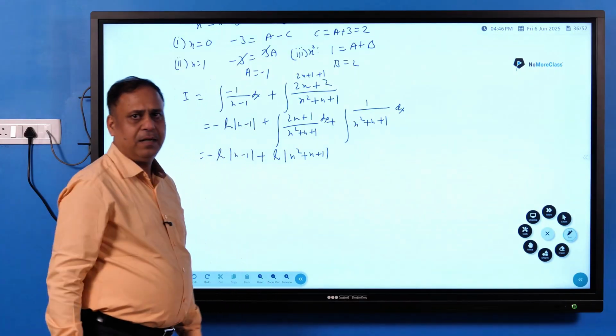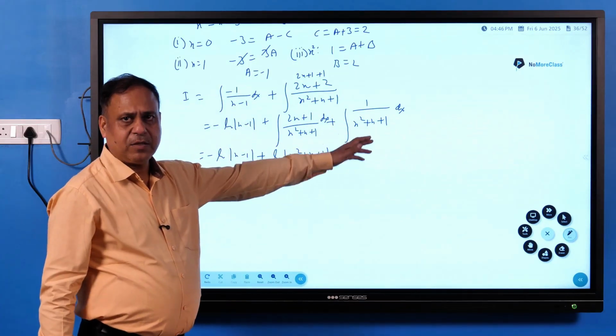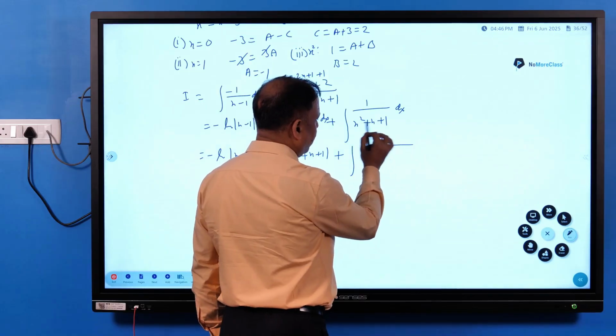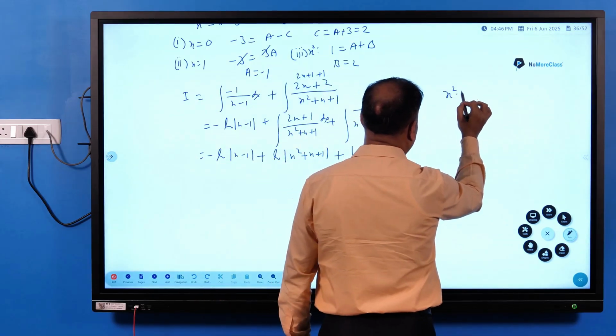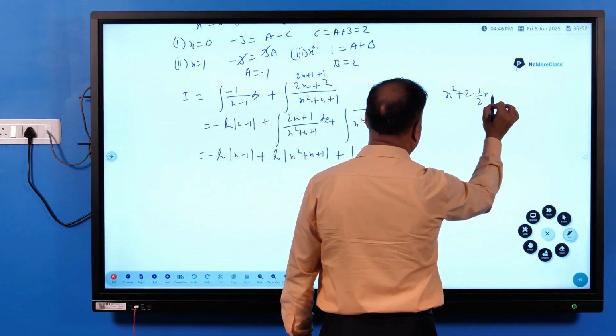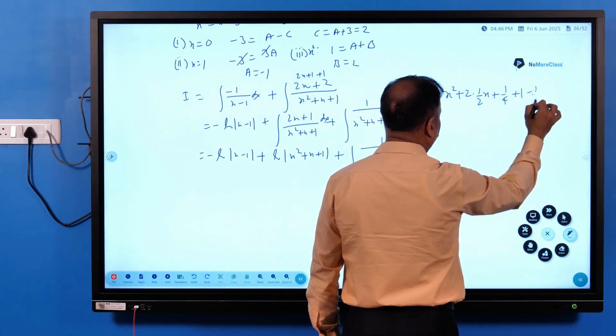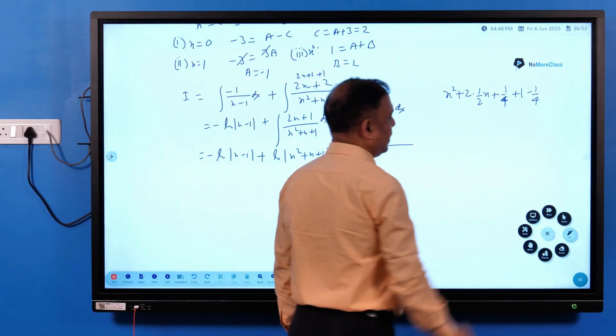Now for this integral, a quadratic form is there, so the standard method will come. Plus the integral of 1/(x² + 2·(1/2)x + 1/4 + 1 - 1/4), adding 1/4 and subtracting it.